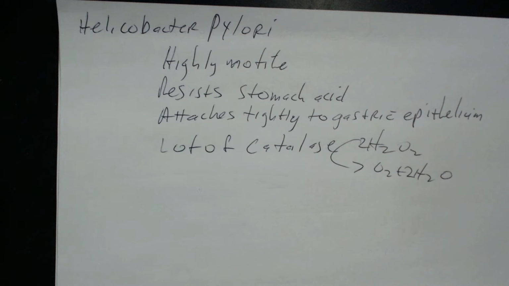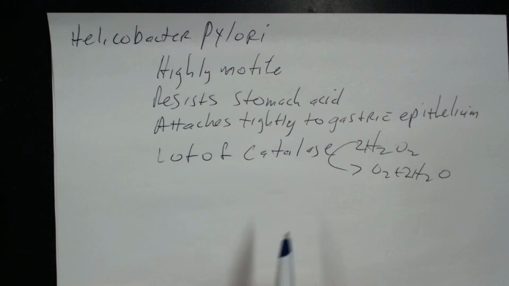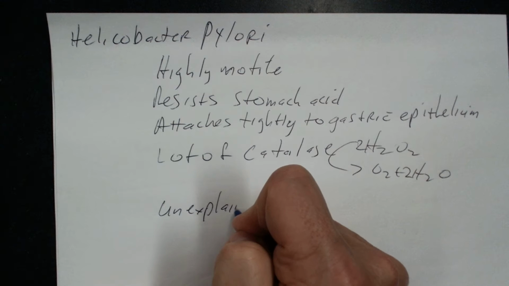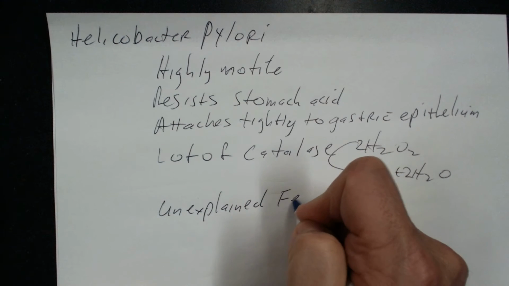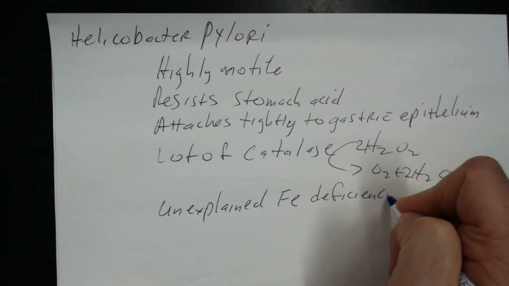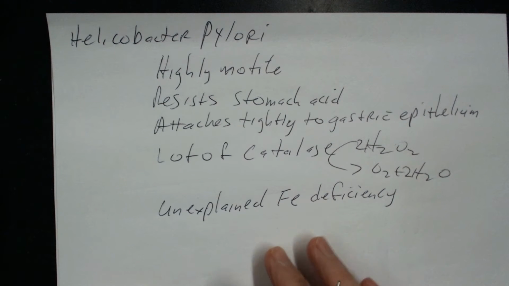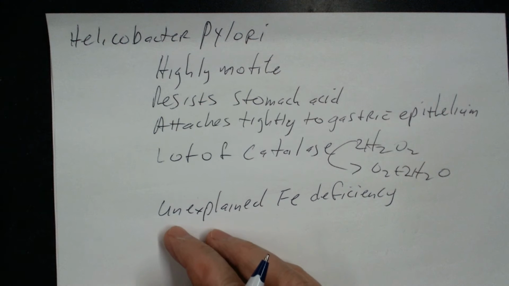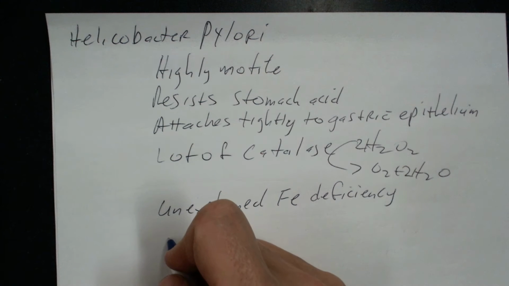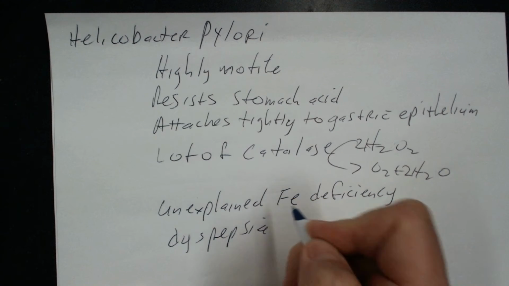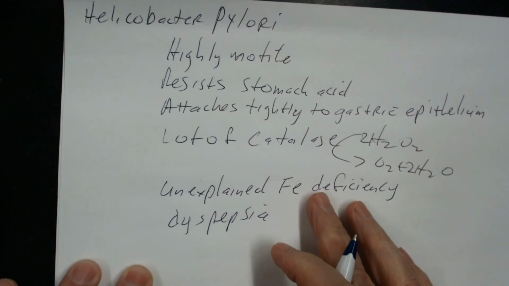So test for Helicobacter pylori if you have an unexplained iron deficiency. Also test for it if they have this dyspepsia that just won't go away.